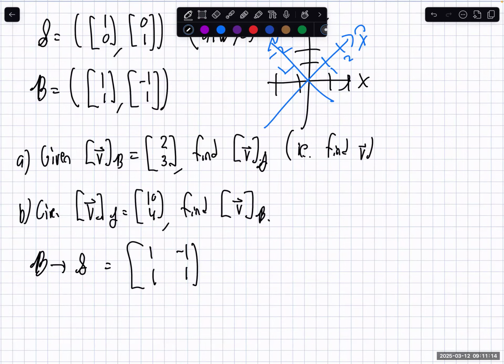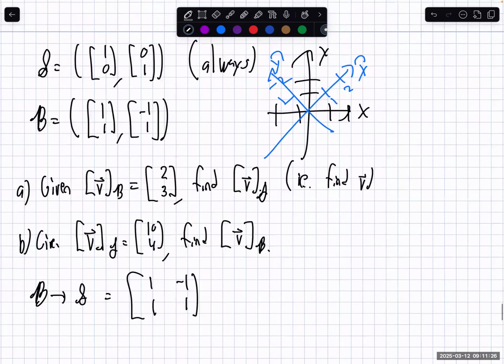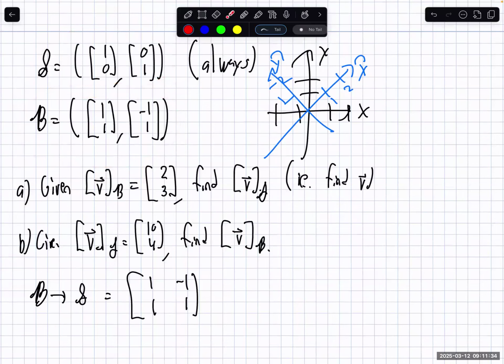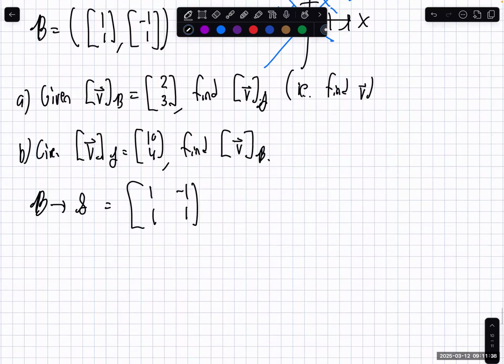It's just take the vectors that make up B and drop them into the columns. This is just another example. So I took the standard coordinate system, made up another one, and then this is what I want to do.